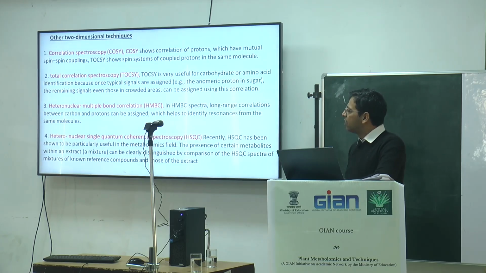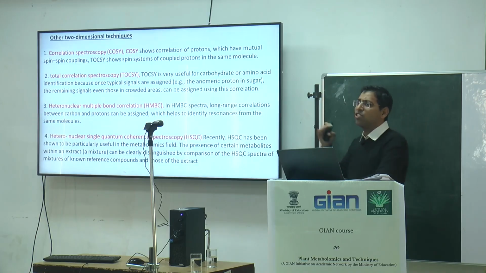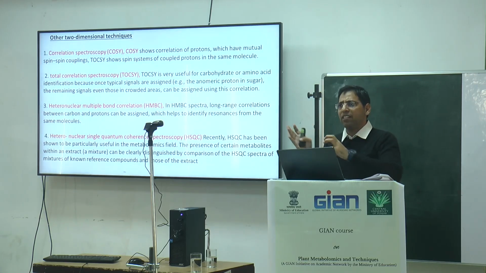The third one is heteronuclear multiple bond correlation spectroscopy. Here the long range correlation between the carbon and the proton can be analyzed, which can identify the resonance within the same molecule. So these are the four different types of NMR, in which we manipulate the parameters and go ahead.